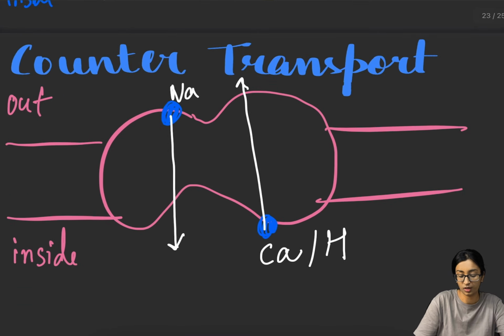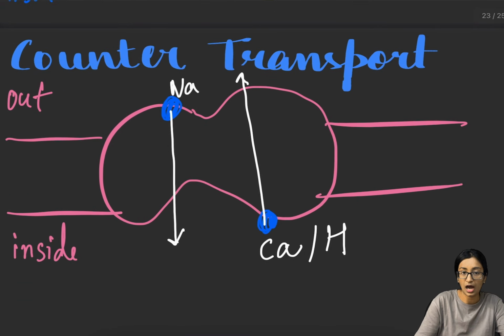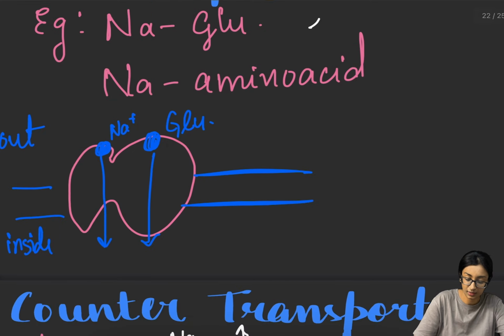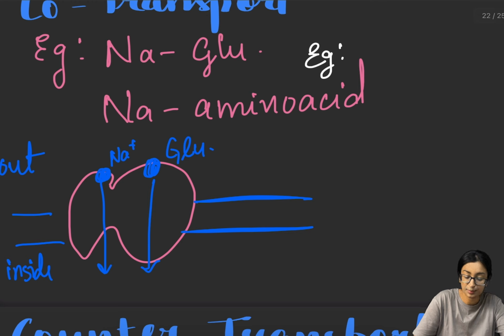This is the co-transport. Whereas in counter-transport, outside there is sodium, and the sodium will come inside, and inside we have calcium or hydrogen. Calcium will go out or the hydrogen will go out. For example, it is present in the epithelial cells of the intestinal lining, increasing the absorption of glucose.